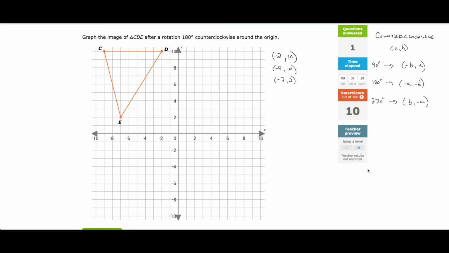For 180, we are going to change the signs of both our x and our y. So this becomes +2, -10, +9, -10, +7, -2. And I'm going to go ahead and graph those out. So +2, -10, +9, -10, and +7, -2.